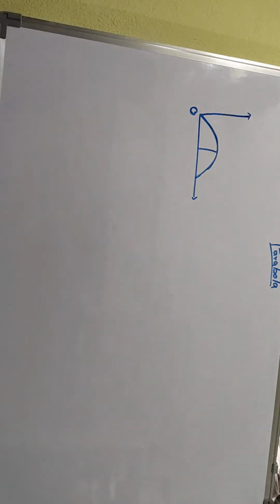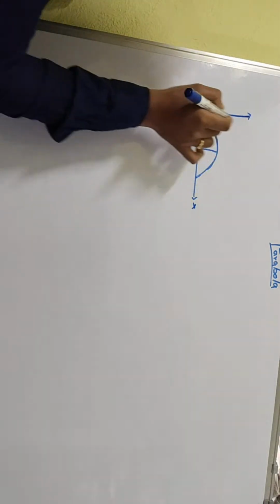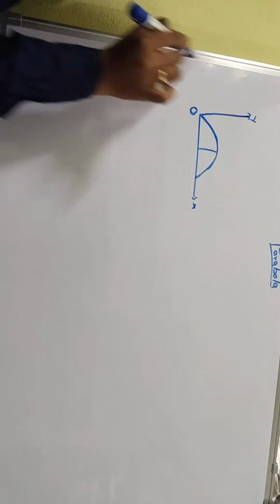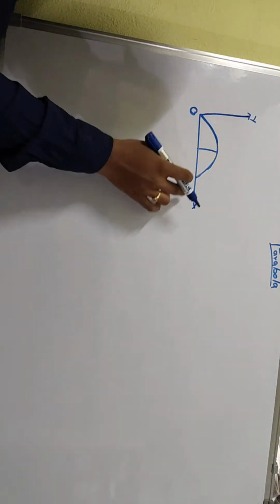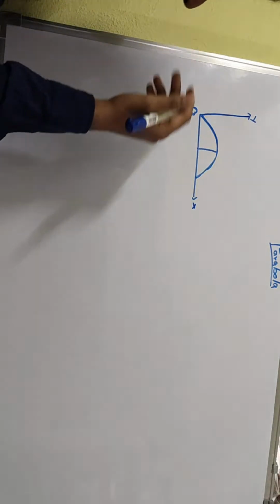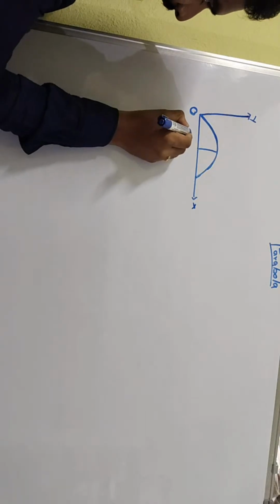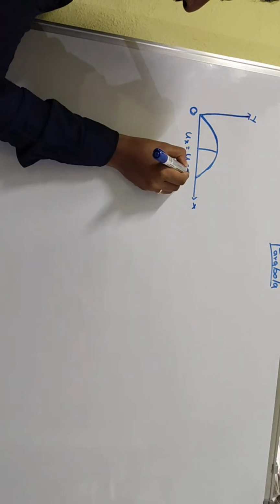So in the horizontal component we take the x-axis, and in the vertical component we use the y-axis. In the horizontal direction, the velocity of the object is ux equals u cos theta.